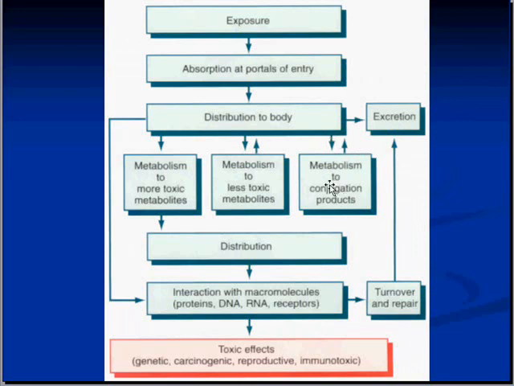In fact, one of the purposes of combining and conjugating compounds is to make them more likely to be excreted. On the other hand, these conjugated compounds are still technically within that compartment of the body of distribution as well. If the compound is toxic, it is further distributed into areas. It can interact with the various molecules in the cell and organelles, the proteins, DNA, RNA, and so forth. This is where it does its damage.